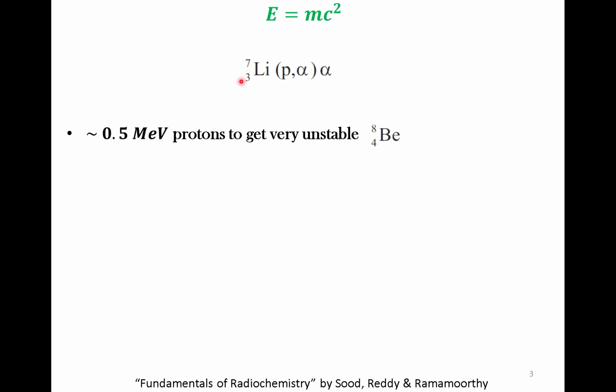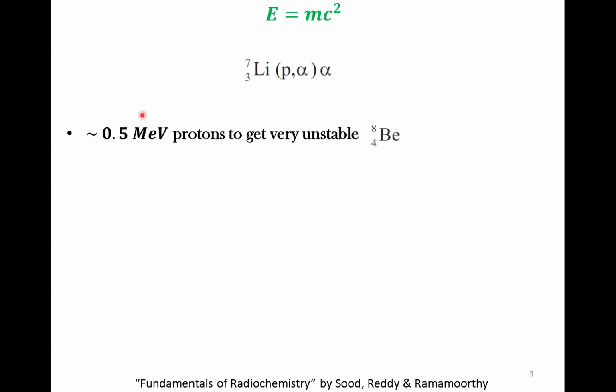This reaction is of historical importance because using this reaction, Einstein's energy-mass equivalence was demonstrated. This provided the experimental evidence for proving this relationship. Here a proton is used as a projectile, and eventually you get alpha particles.